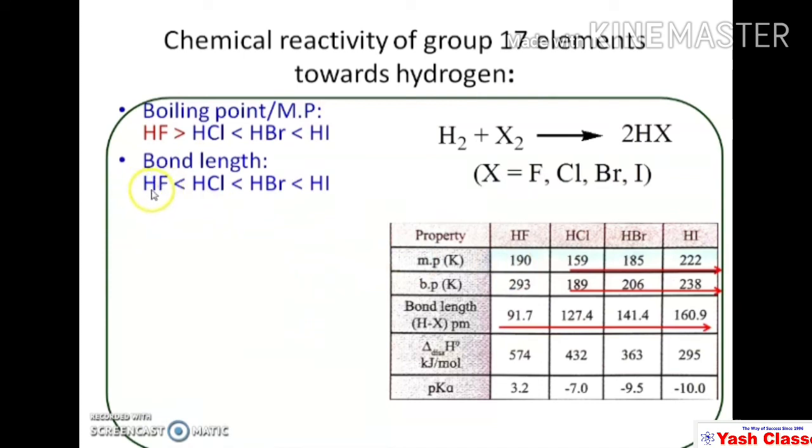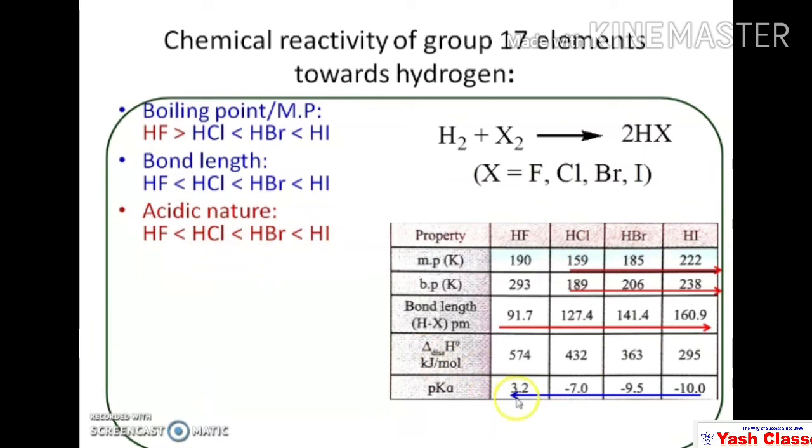Bond length increases from HF to HCl to HBr to HI. So bond length increases, bond strength decreases, and therefore in HI the bond between hydrogen and iodine is weak and it is most acidic. So acidic nature increases from hydrogen fluoride to hydrogen chloride to hydrogen bromide to HI.